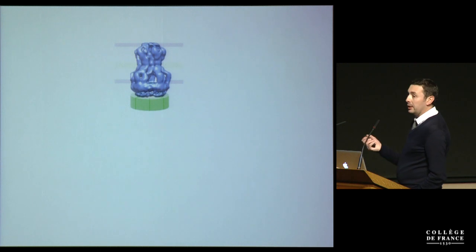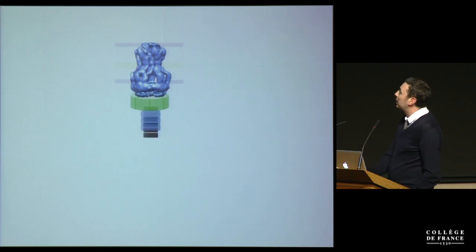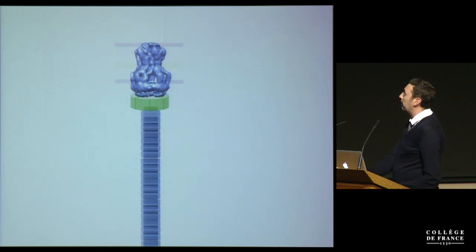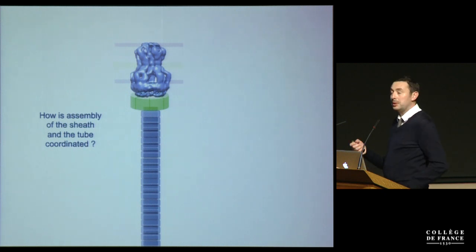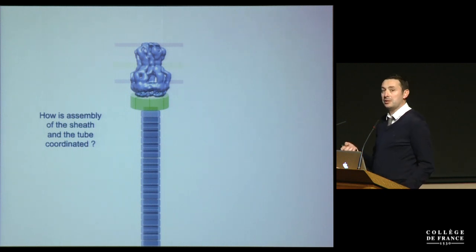So once it is assembled, there will be assembly of the tail structure. Okay. So as you can see, the assembly of the tail structure needs to have the polymerization of the inner tube in black and the polymerization of the sheath, and these 2 processes should be coordinated. Okay. So the question we ask is how the assembly of the sheath and the assembly of the tube are coordinated.